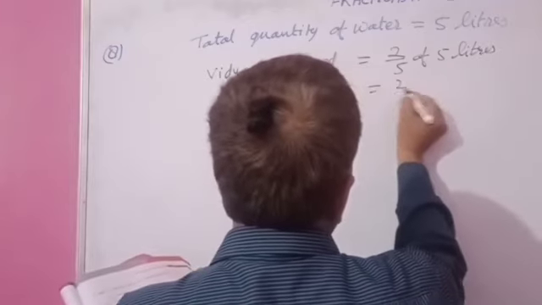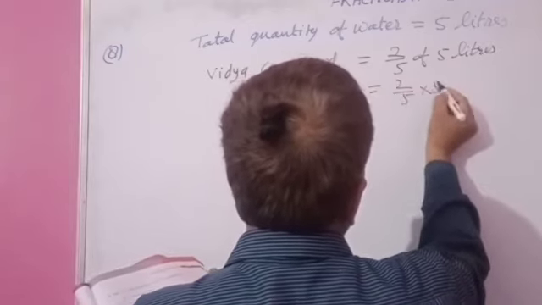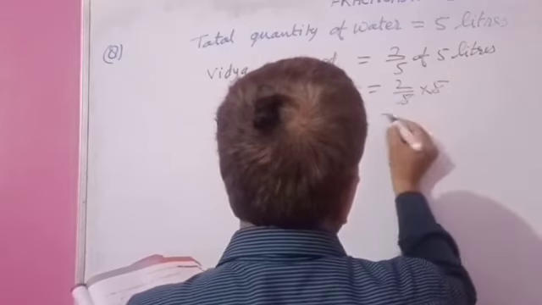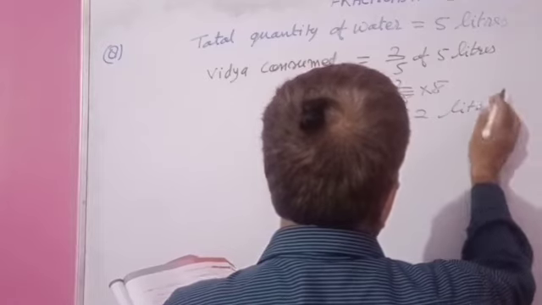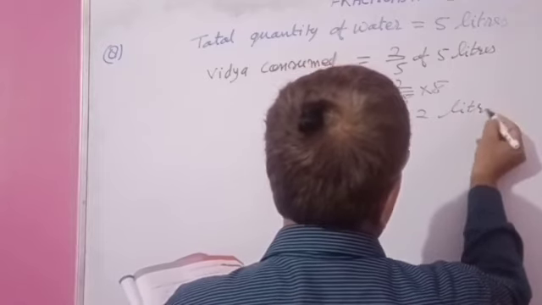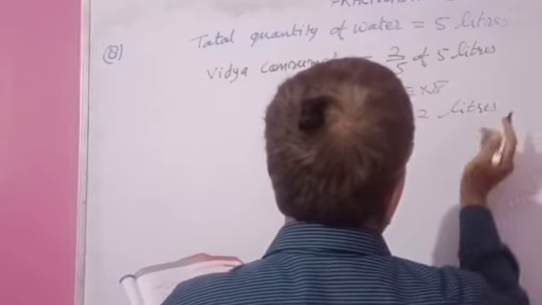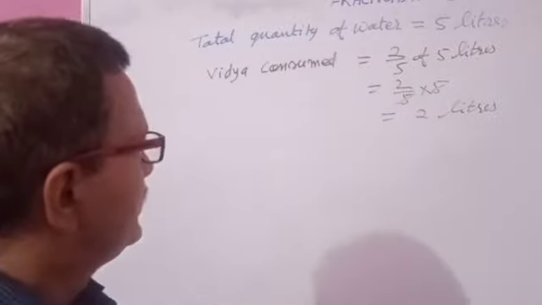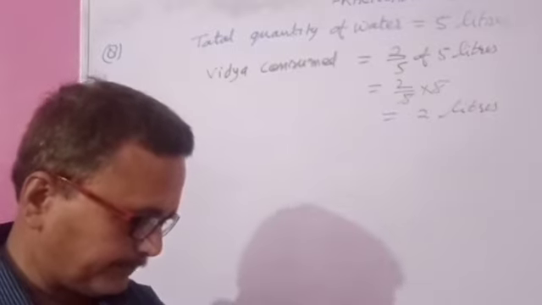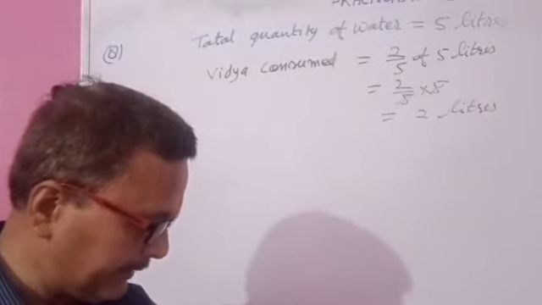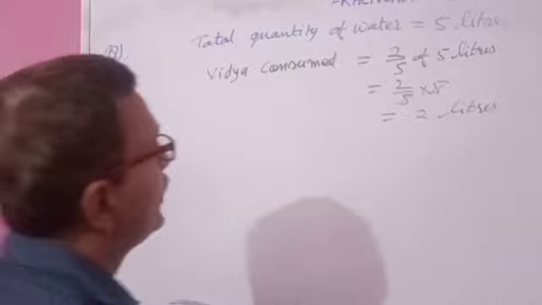That is 2 upon 5 into 5. 5 cancels. 2 liters. Vidya consumed 2 liters of water.